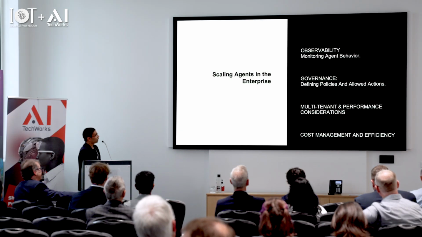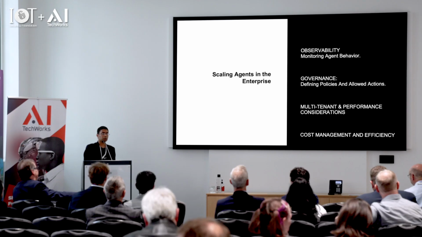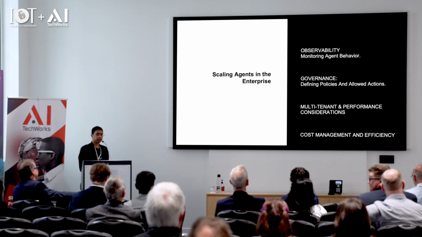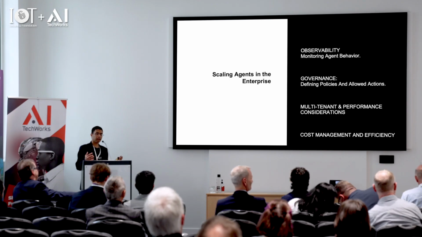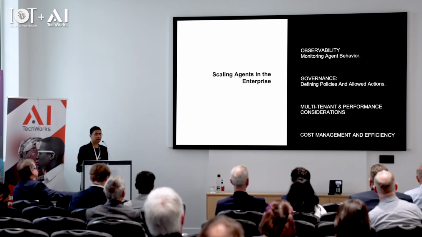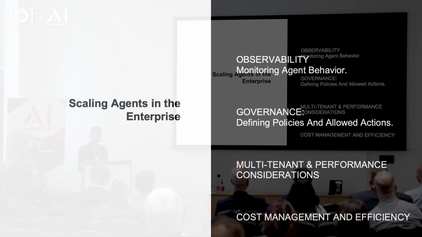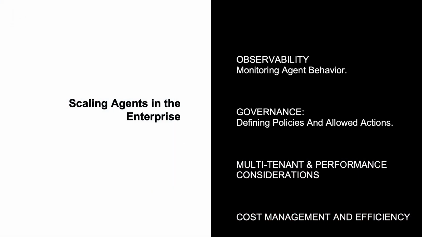Okay, the next bit is around scaling agents in the enterprise. What we have is the need for an agent control plane. As you get many of these different enterprise agents, you may have several thousand running in your enterprise, so you want some sort of observability. You want to monitor and audit the actions these agents are doing, from executing tools to figuring out how much these agents cost.